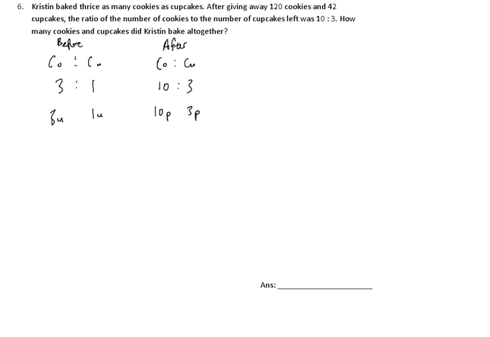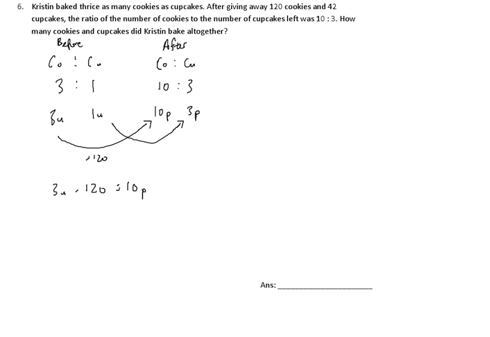So now, to get from my units and parts, how do I get from 3 units to 10 parts, Yongqian? Minus 120, right? So 3 units minus 120 equals to 10 parts. And then how do I get from my 1 unit to 3 parts?